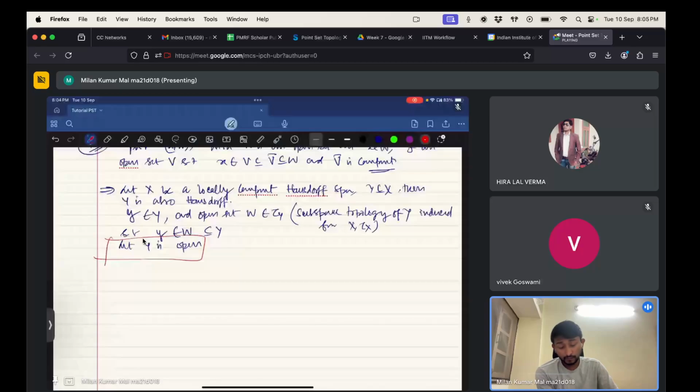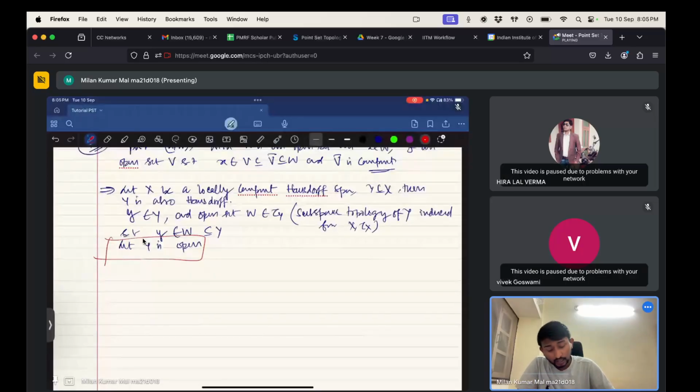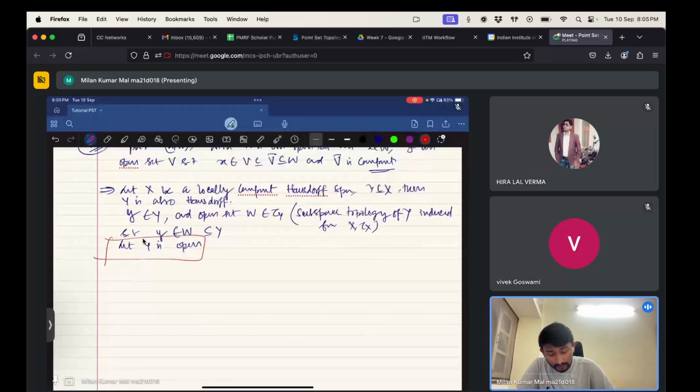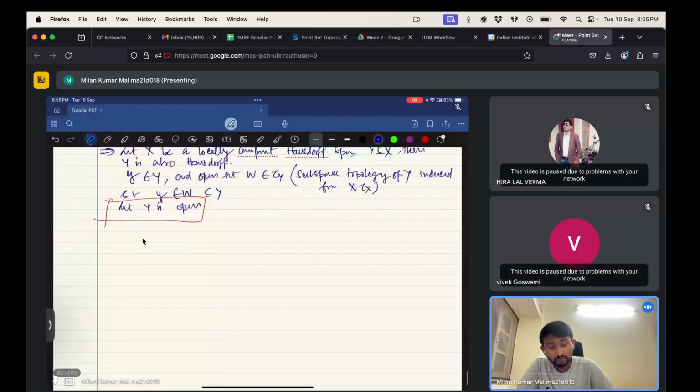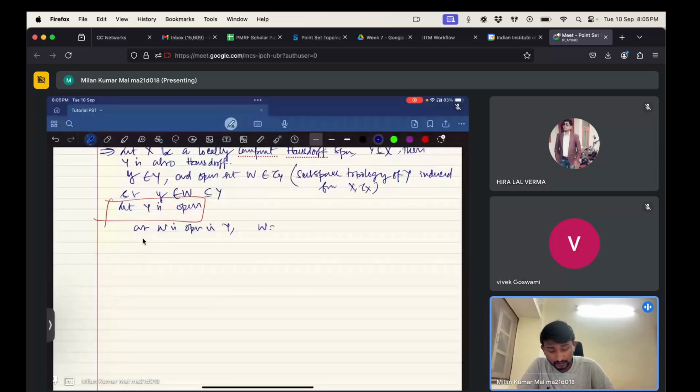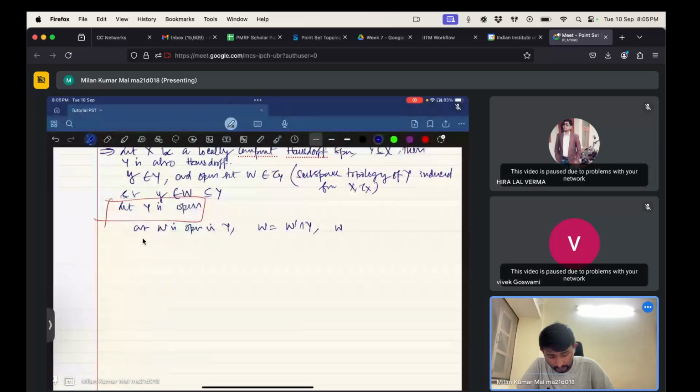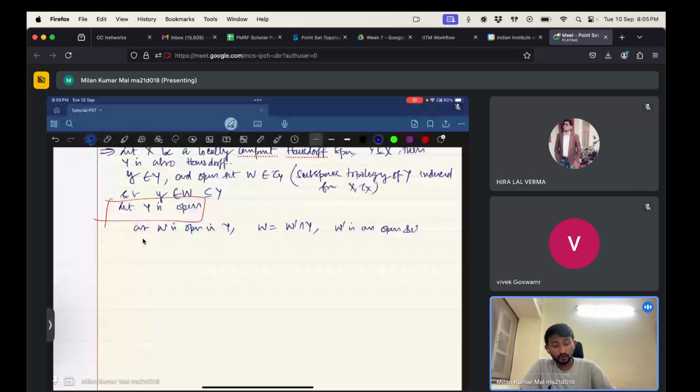Now, as Y is open and W is open in Y, W equals some W dash intersection Y, where W dash is an open set in tau X. That is the definition of an open set in the subspace.